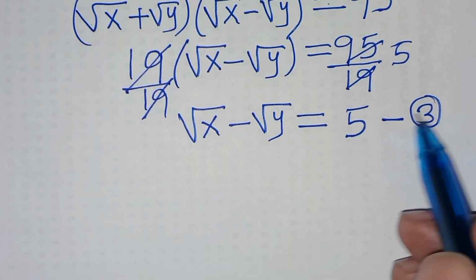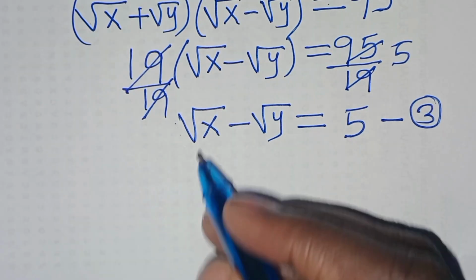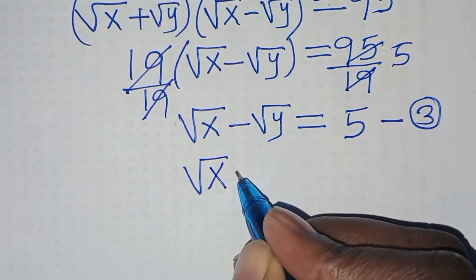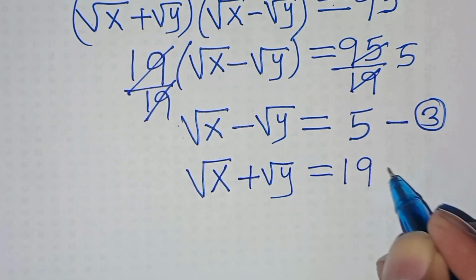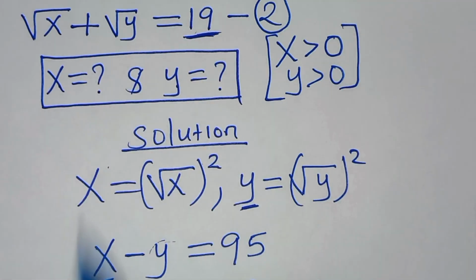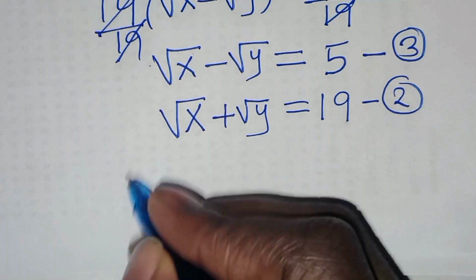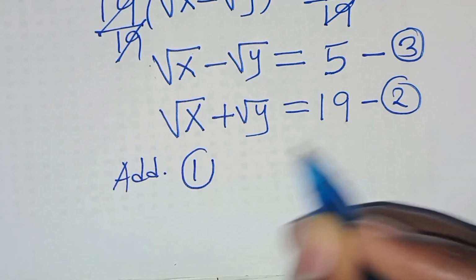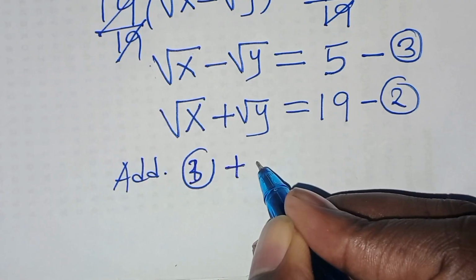Now we have equation 3, which is square root of x minus square root of y equal to 5, and equation 2, which is square root of x plus square root of y equal to 19. The next step is to add equation 3 with equation 2.